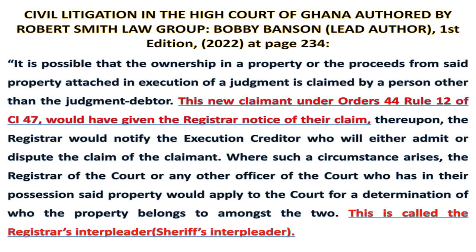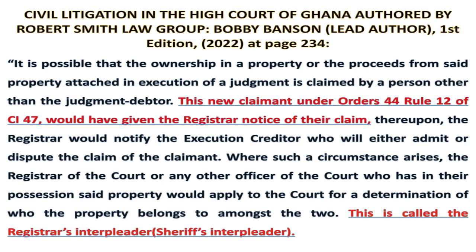Thereupon, the registrar would notify the execution creditor, who will either admit or dispute the claim of the claimant. Where such a circumstance arises, the registrar of the court or any other officer of the court who has in their possession the said property would apply to the court for a determination of who the property belongs to among the two. This is called the registrar's interpleader, otherwise called the sheriff's interpleader."